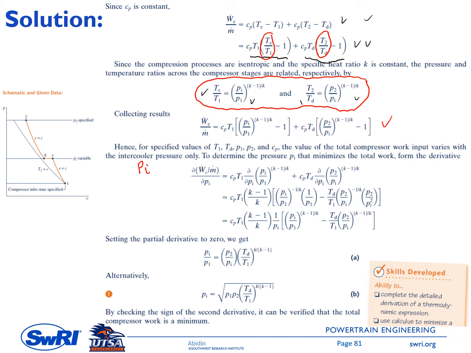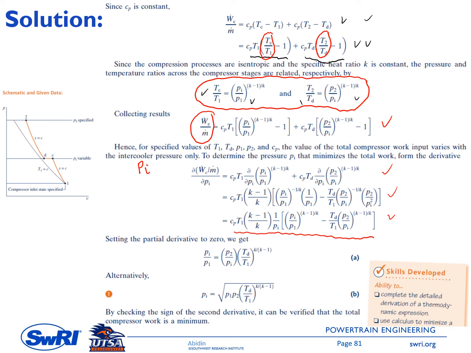So to determine the Pi that minimizes the total work, we need to apply the derivative process to this compressor work per unit of mass flowing. So we differentiate this with respect to Pi. You just need to follow this step. So you will look at dW over m over dPi equal to this formula.